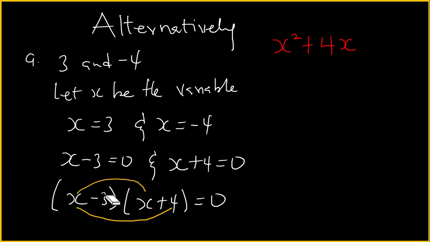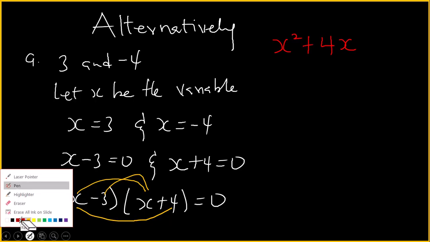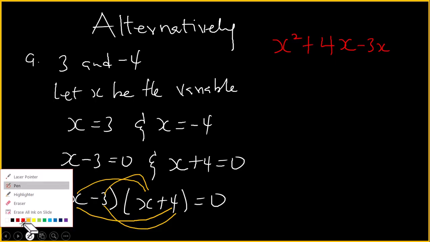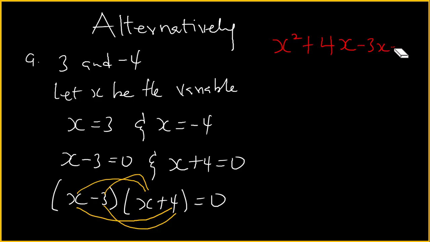Negative 3 by x also gives us negative 3x. And negative 3 by 4 also gives us negative 12. Negative 12 equals 0.